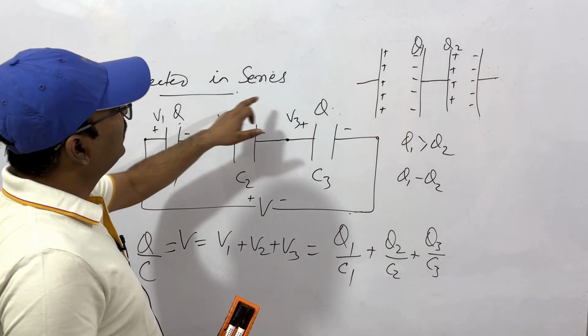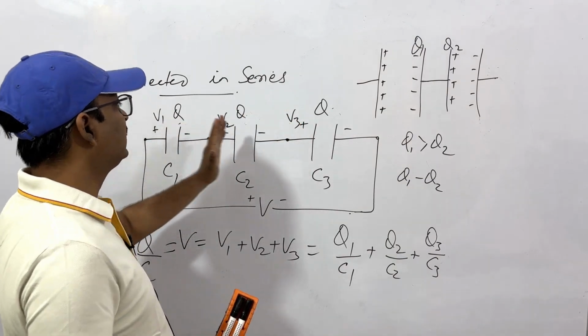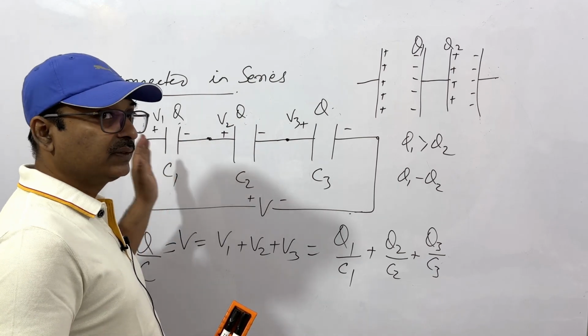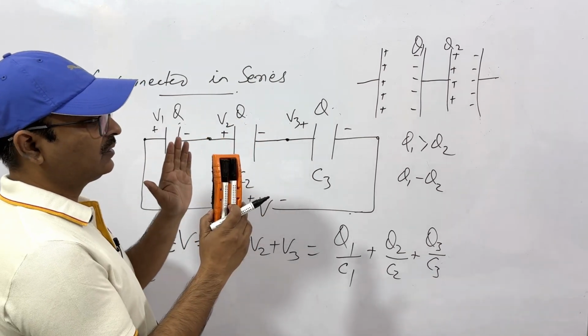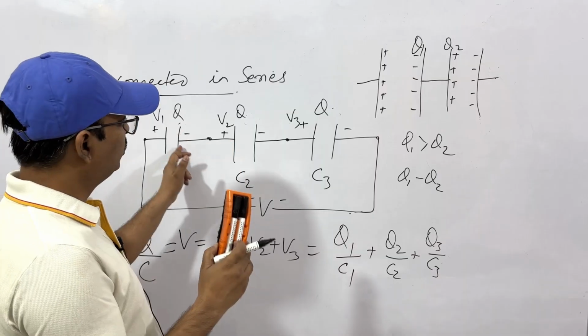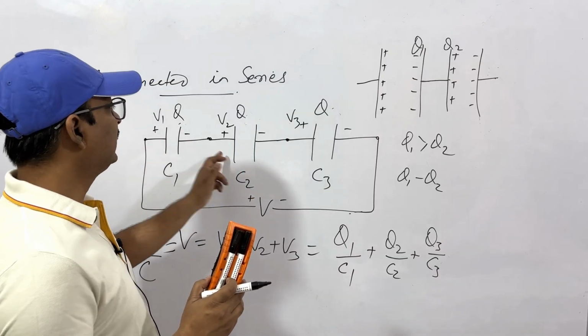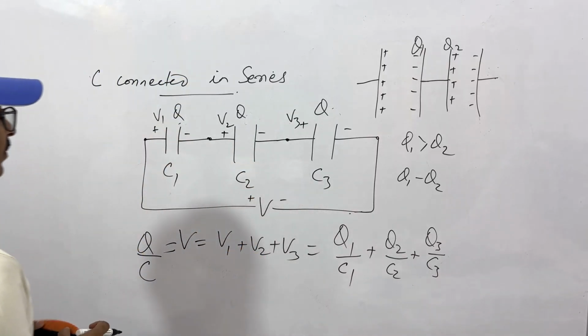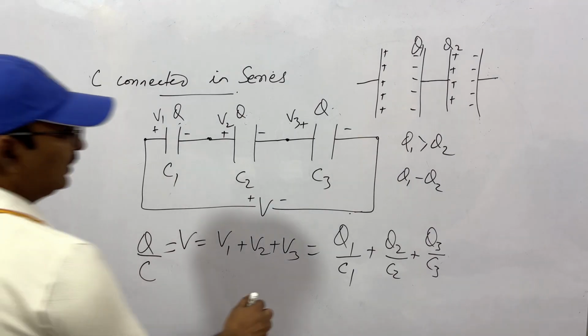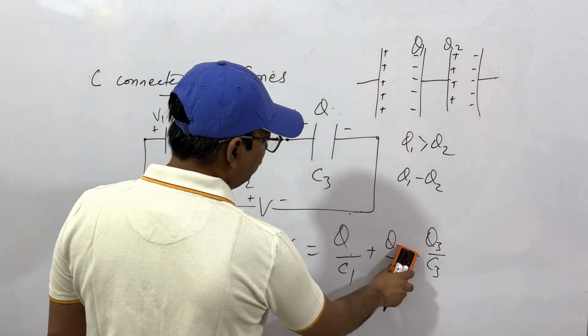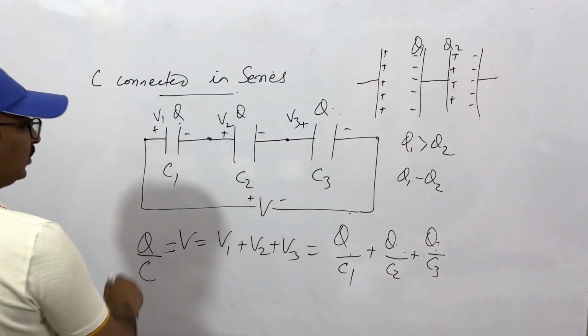This will be constant. Why? Because if the charges are different, we will have conduction of charge from one capacitor to another until it reaches equilibrium. That is, charge on the two plates are the same, so that finally we have equal charge. Clear? So we have this as Q, Q, Q, that is the whole charge.